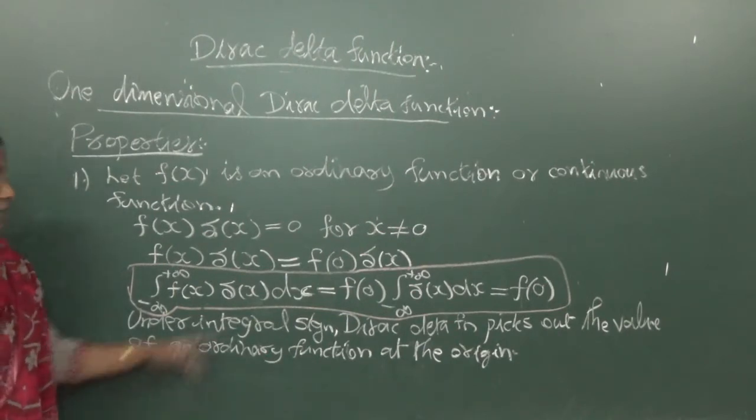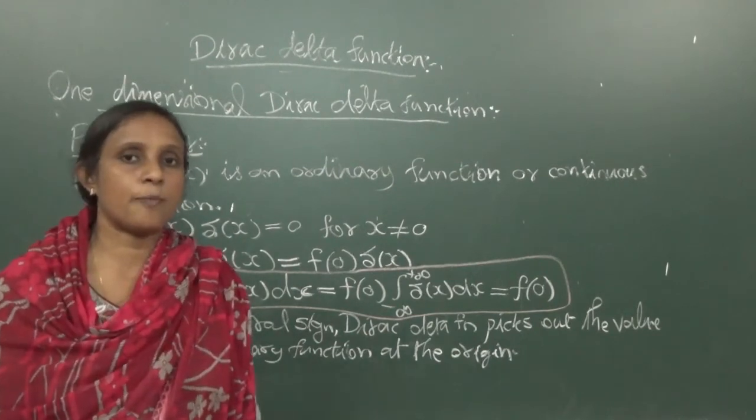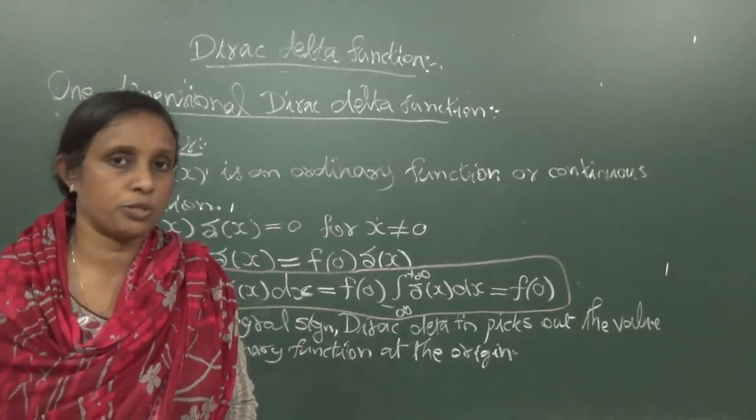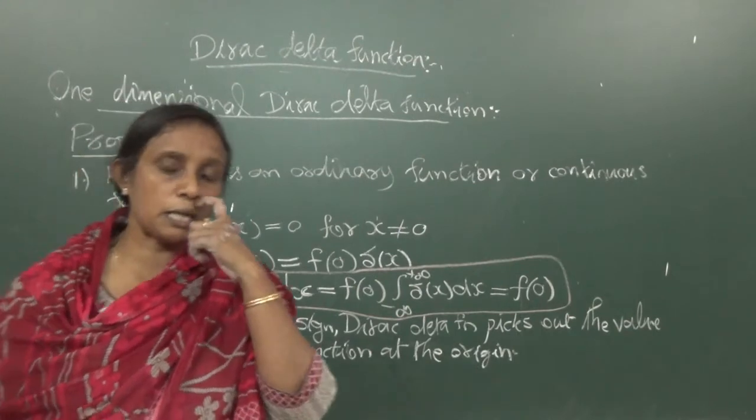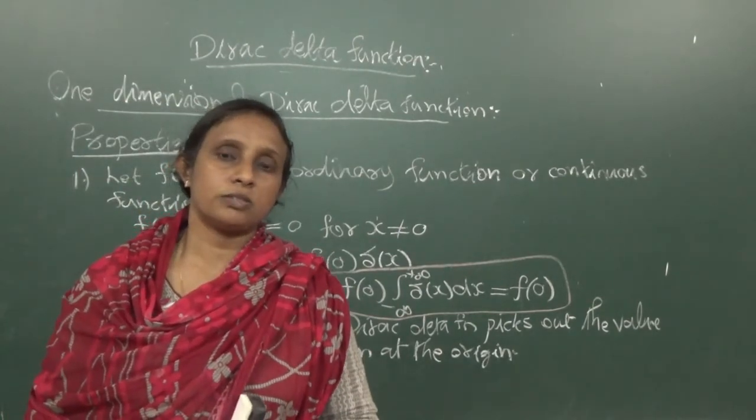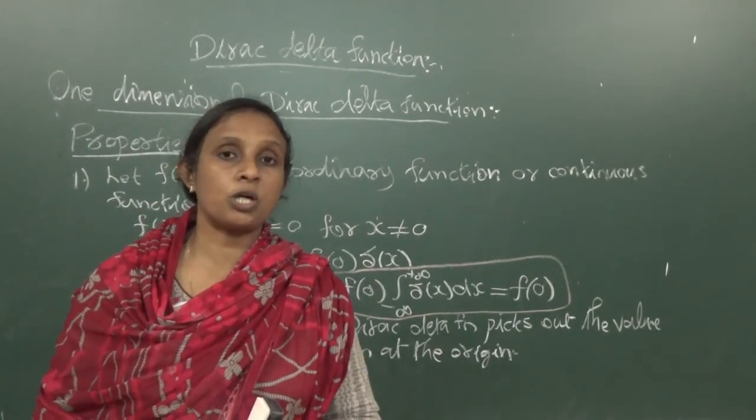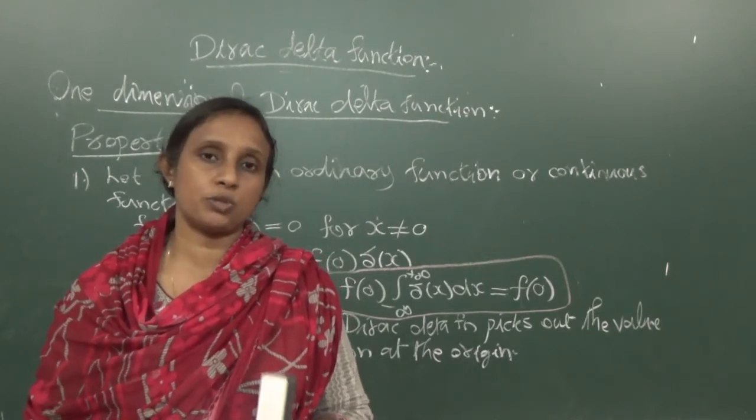Now here we discussed the point origin x equal to 0. But suppose our Dirac delta function is centered about x equal to A, not about x equal to 0.